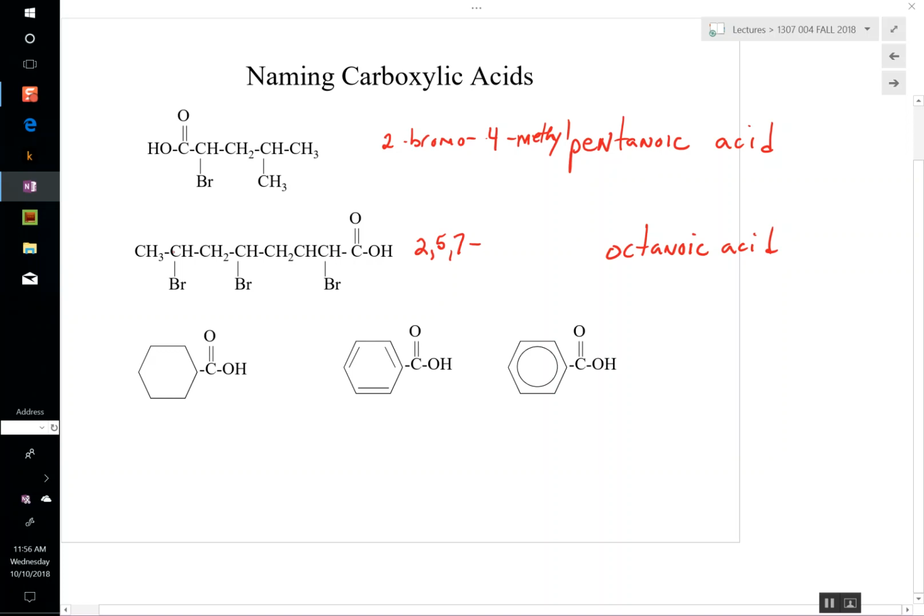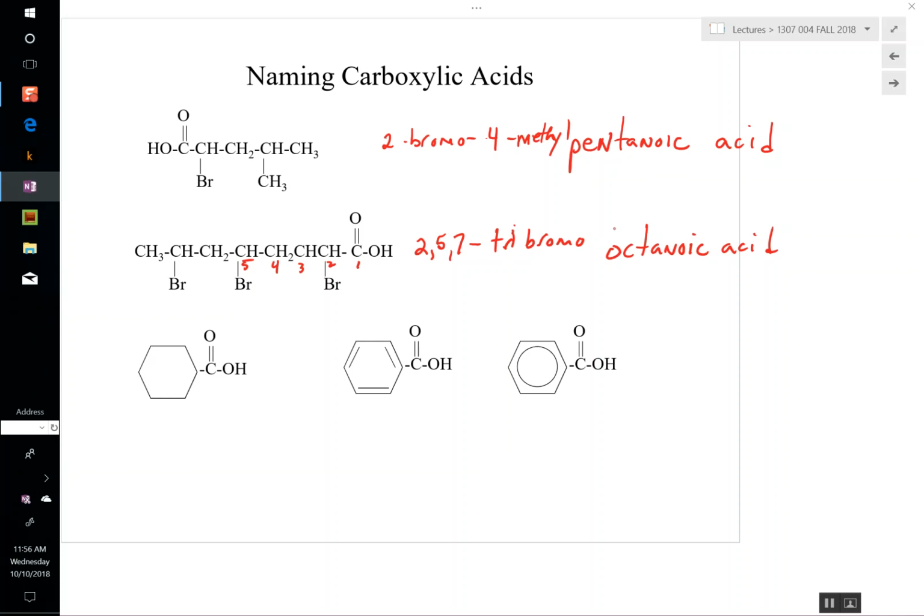Everybody agree? Tribromo. Here's 1, 2, 3, 4, 5. Okay. 2,5,7-tribromooctanoic acid.